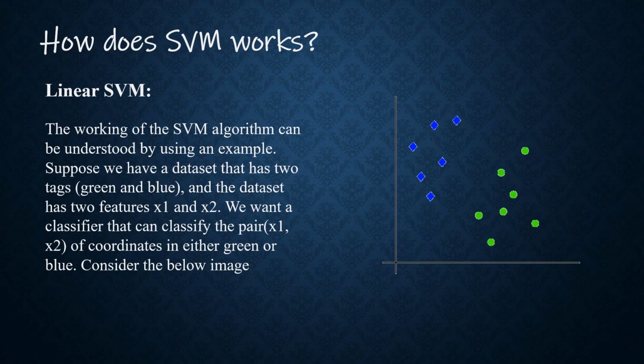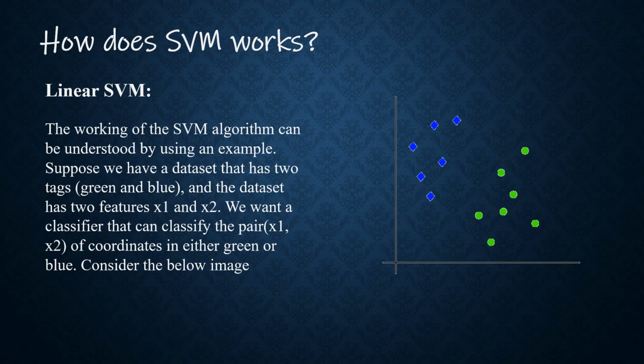Next, we are going to see how SVM works. In linear SVM, the working of the SVM algorithm can be understood by using an example. Suppose we have a data set that has tags green and blue, and the data set has two features, x1 and x2. We want a classifier that can classify the pair x1 and x2 of coordinates as either green or blue. Consider the following diagram. As it is two-dimensional space, by just using a straight line, we can easily separate these two classes.